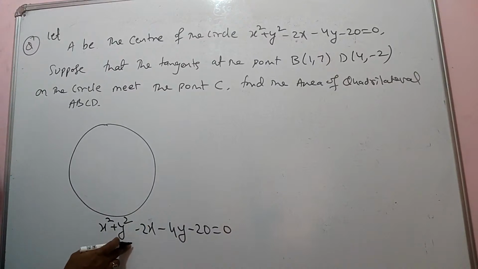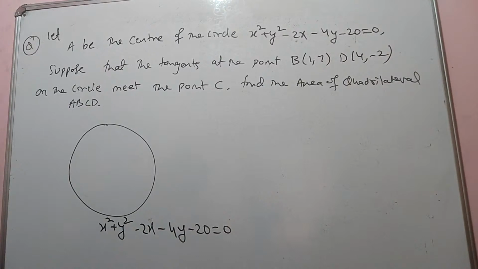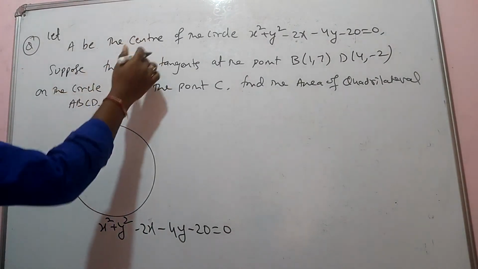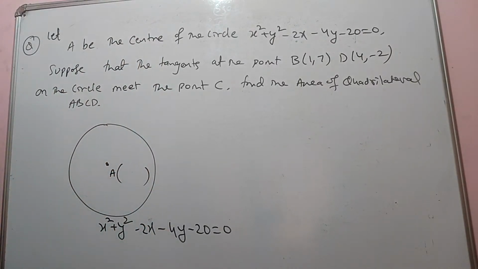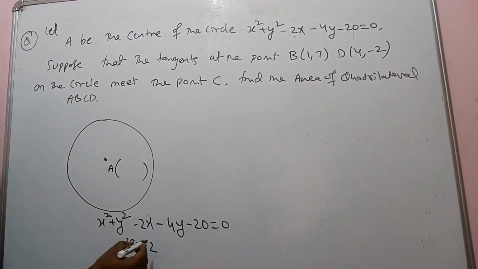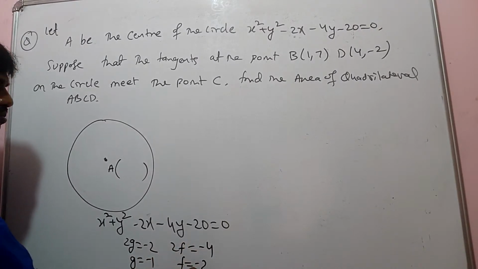So x square plus y square minus 2x minus 4y minus 20 is equal to 0. This is a circle equation. Now he's saying A is the center of the circle. So let us find the center here. 2g is equal to minus 2, so g is equal to minus 1. 2f is equal to minus 4, f is equal to minus 2.